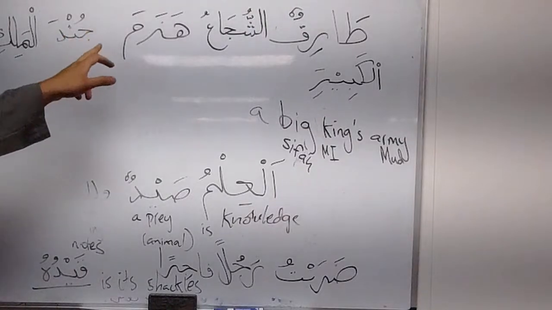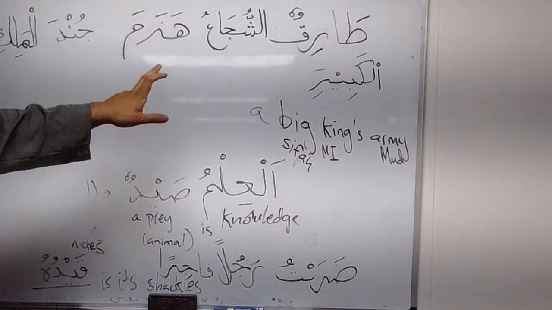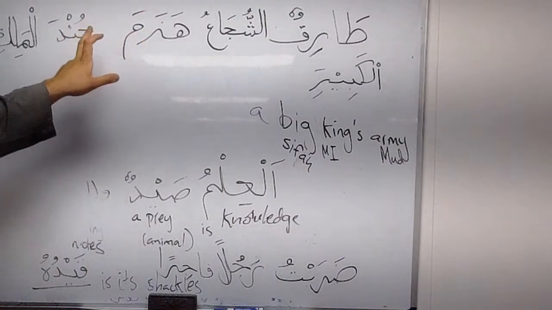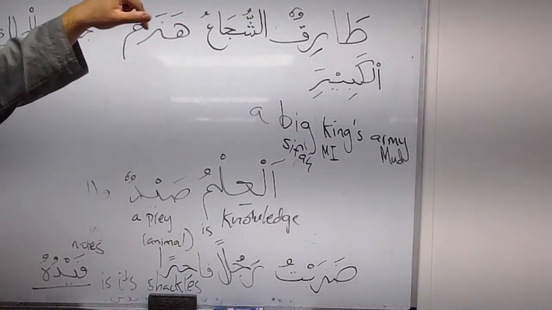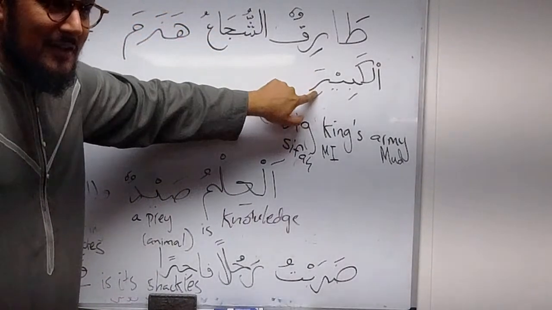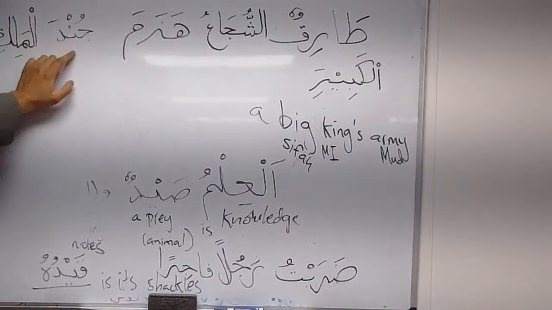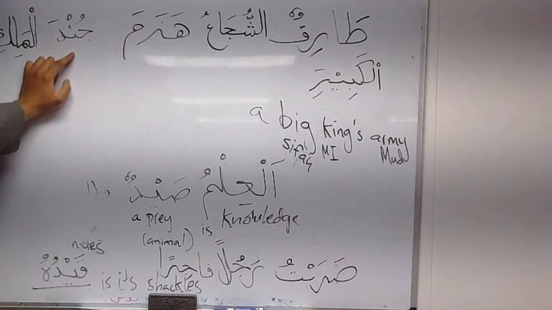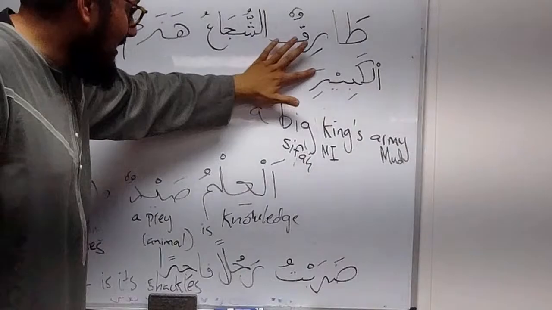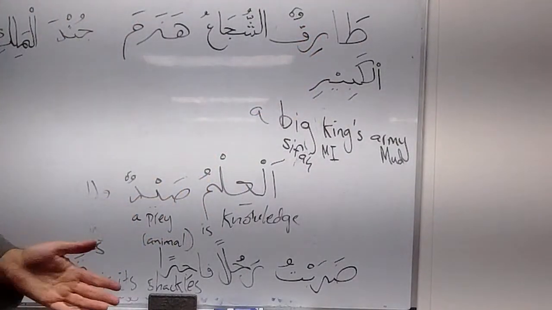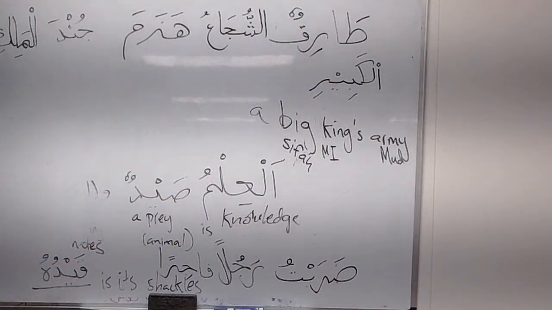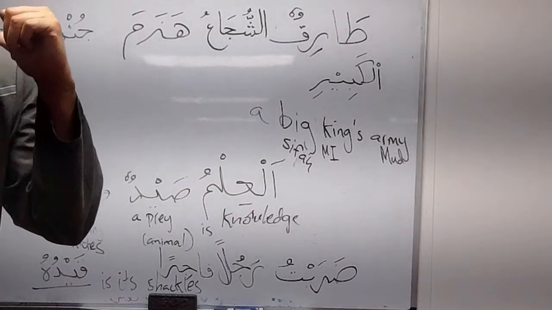That would say Tariq defeated the king's big army, but we're not saying that. We're trying to say the big king. So that's why we have to say al-kabir. You see how the haraka is manipulating the sentence, like we did practice on this last class, if you all recall.